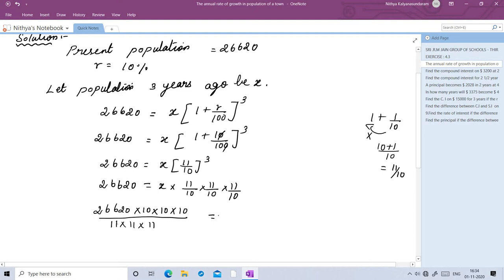11 11s are 121. Again 121 times 11 is 1331. So the denominator we have is 1331. The numerator is all in multiples of 10, so just write the number, then add zeros. We have 3 tens, so just add 3 zeros, divided by 1331.